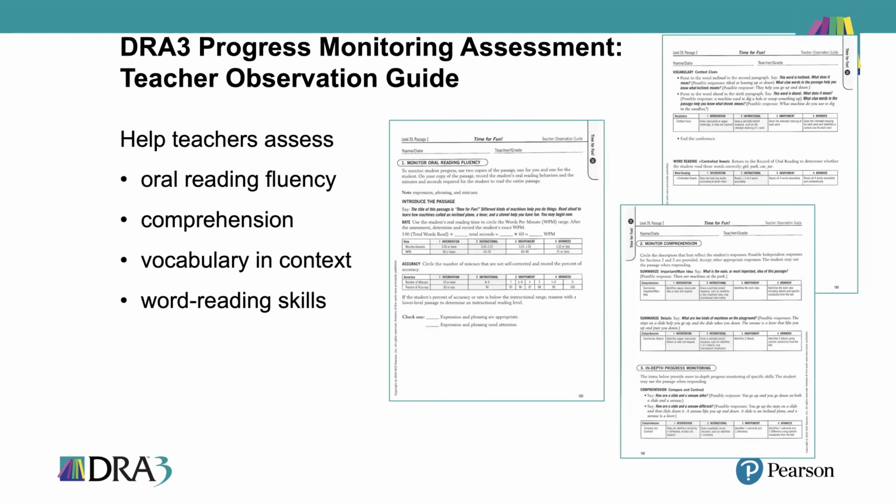A scoring continuum is included below each area assessed on the teacher observation guide. This enables teachers to immediately analyze and evaluate the student's performance, as well as identify what the student needs to learn next. Teachers will need to prioritize if students are instructional in more than one area.